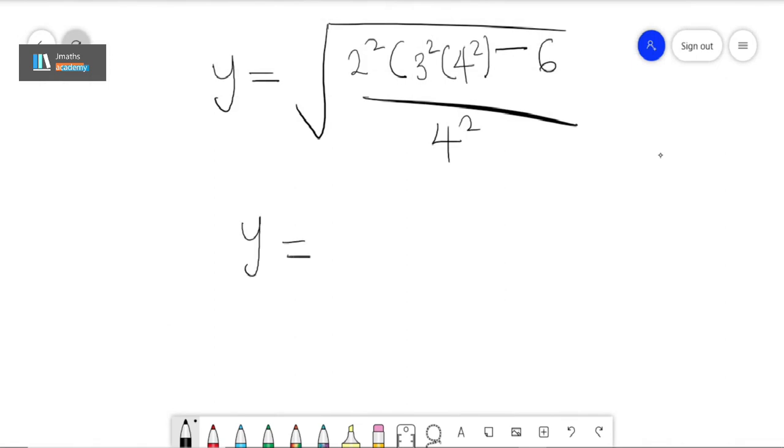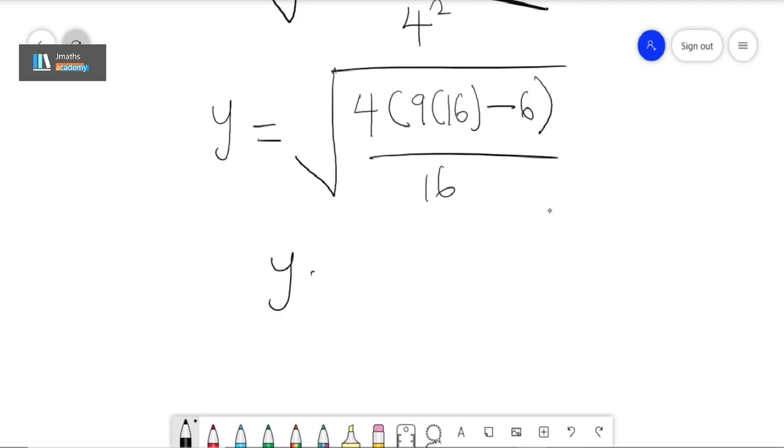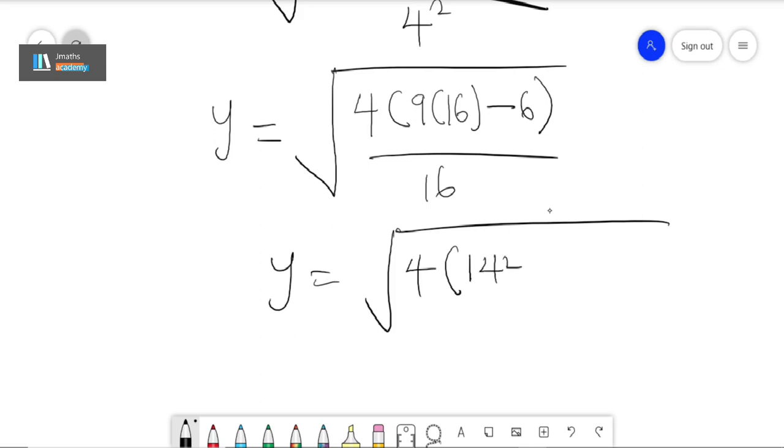So we have y equal to the square root of 4, open bracket, 3 squared is 9, we have 4 squared to be 16, minus 6, over 16. So we have y equal to the square root of 4, open bracket, 9 times 16 is 144, minus 6, close bracket, over 16.